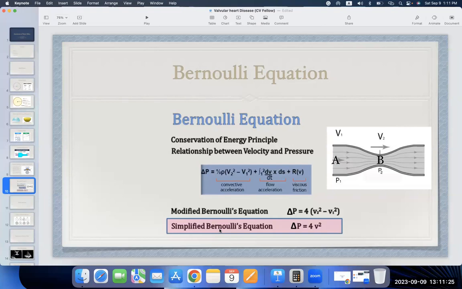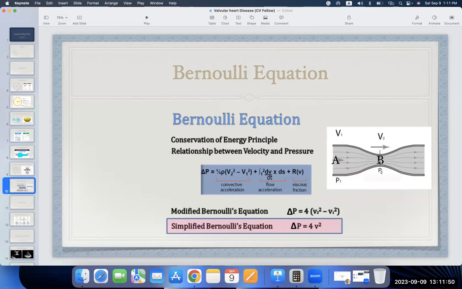However, in some cases, and we'll talk about this later, you will have a high velocity. For example, if you want to calculate the pressure gradient at point B, you need to square the velocity V2 and multiply it by 4. However, if you have a high velocity at point A, that will affect your pressure gradient here.